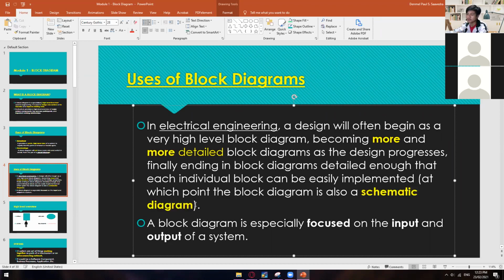That is where every wiring and every component is already in there. It is a super detailed diagram.